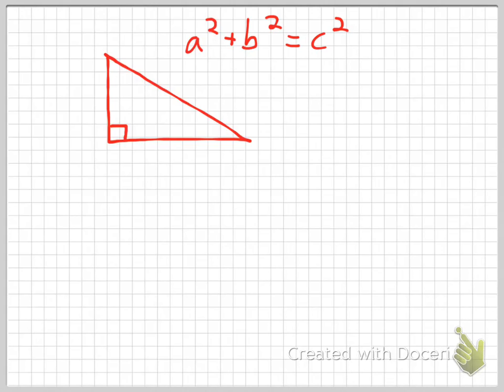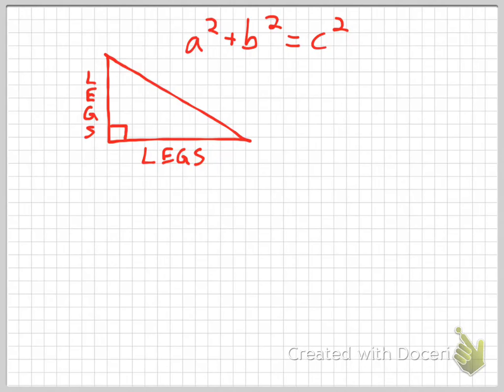Here's the deal. A and b are what are called the legs of the right triangle. The legs of the right triangle are what make up the 90-degree angle. The two sides that create the 90-degree angle are the legs.